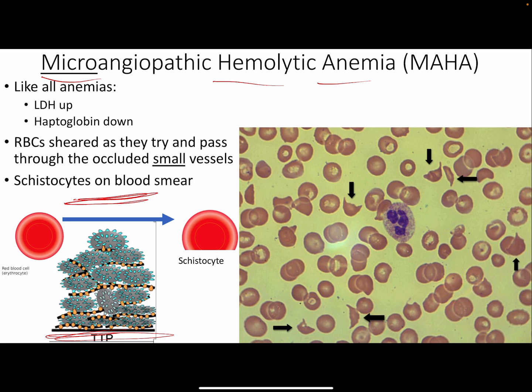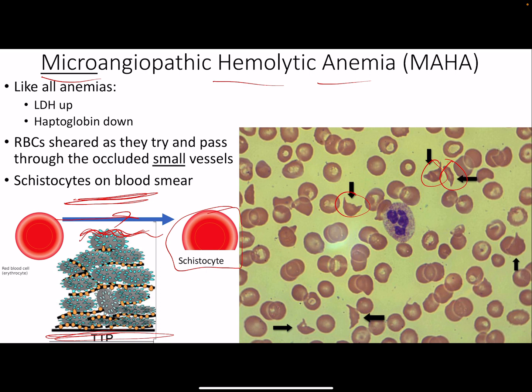This red blood cell does not have a lot of room to get by. And so it cleaves against the sharpness of this platelet here and it becomes a schistocyte. So it's trying to squeeze by and it cuts off like a third of itself. And you can see these here, you can see another one there, you can see another one there. So these are schistocytes, which are just sheared red blood cells when they're trying to go through capillaries.